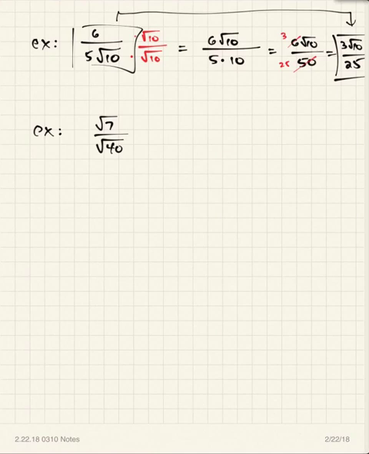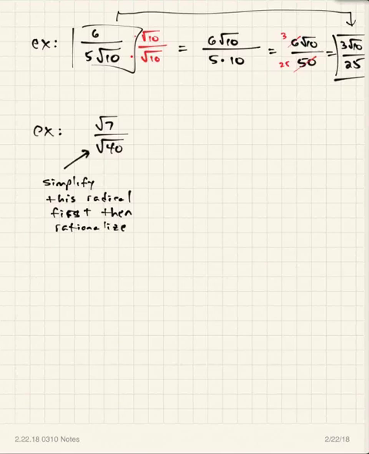Now, you could rationalize first here if you wanted to, but the numbers get a little bit big, and so what I would do here first is simplify that radical in the denominator. Then rationalize at the end, because it makes the numbers smaller. So I think that's a good strategy to use there.